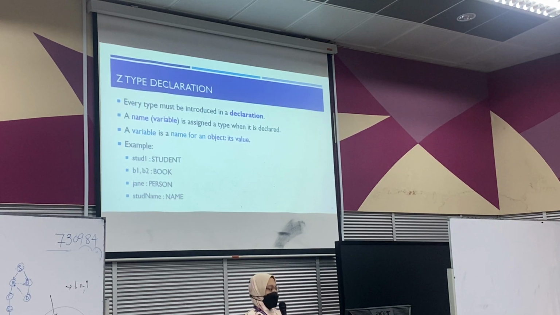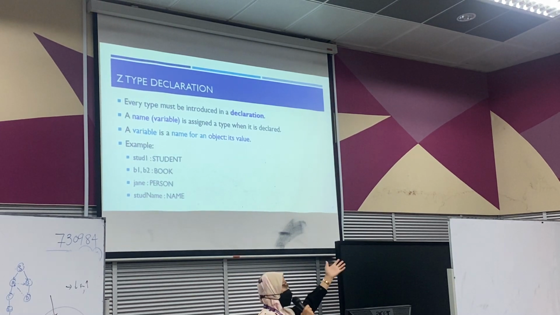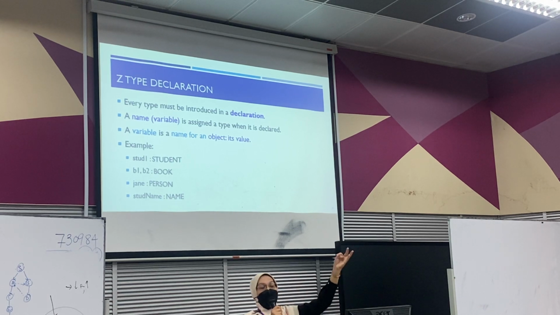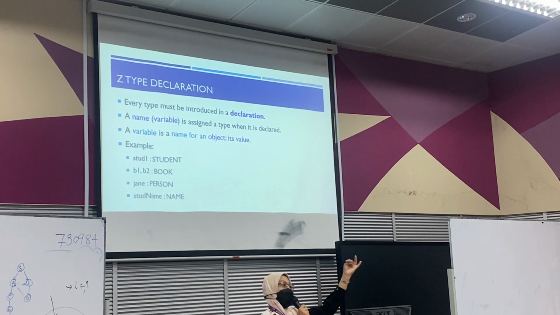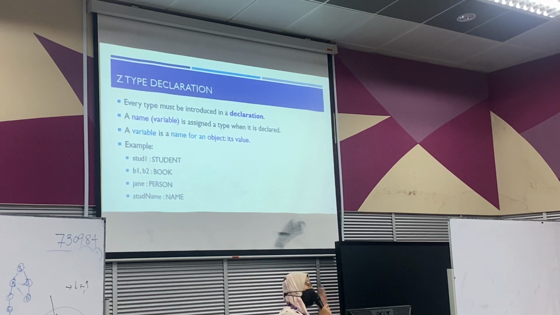Okay, so now, how are you going to declare your variable? You have learned about type just now. You have the built-in type, the free type, and also the basic type. Let's say you have done all the types and you know what you want. Then you also know what variables you are going to use.